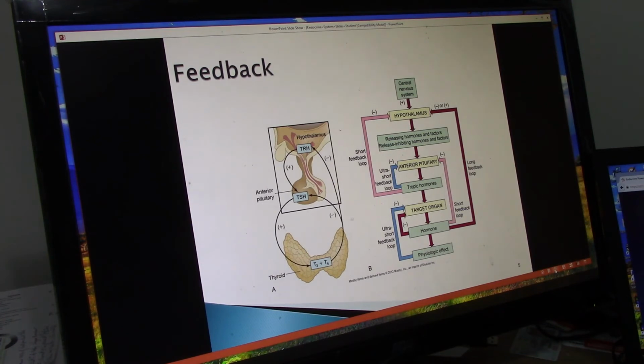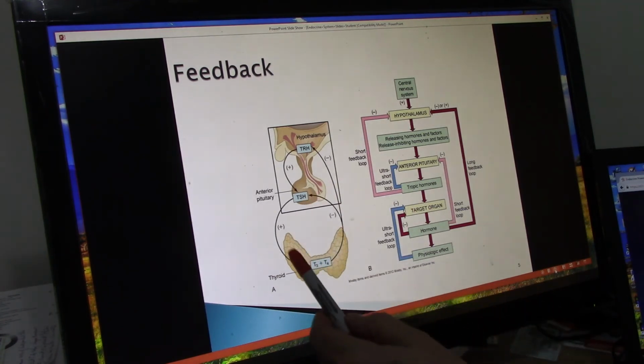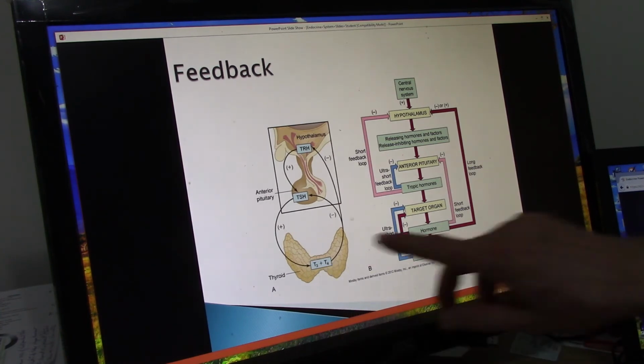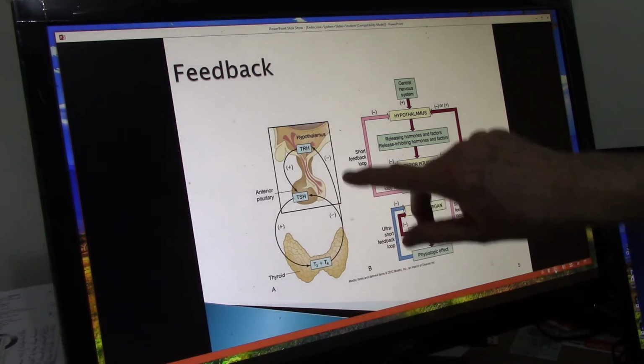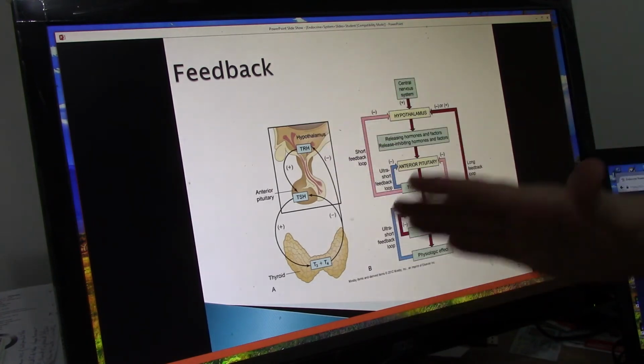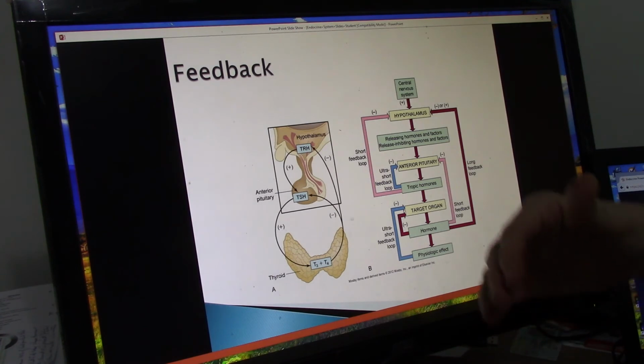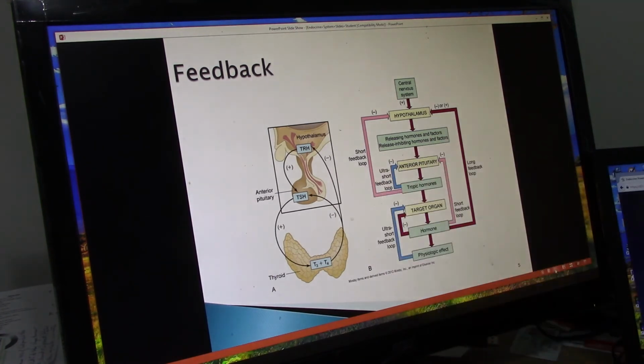Okay? So TSH will have a positive stimulus effect on the thyroid itself to produce T3 and T4, and once they're produced, it's going to have a negative feedback to say, hey, we have enough. And by the way, how much is enough? The body determines that, and a lot of that's determined up in the hypothalamus in what we call a set point. And it's oftentimes established by what the body needs. If, for example, thyroid hormone does a lot of things in terms of strengthening the body, increasing metabolism, and so forth.